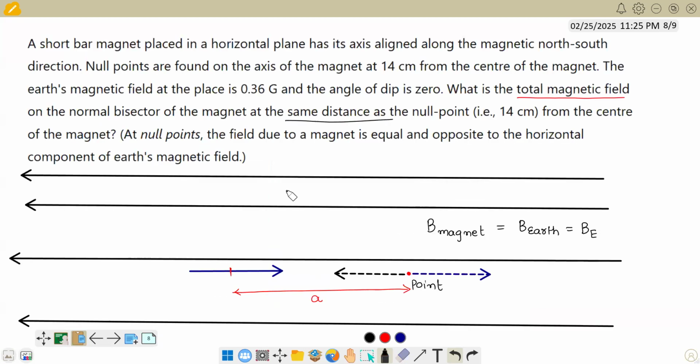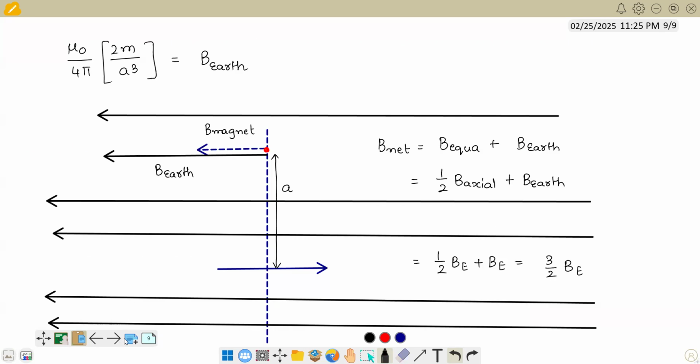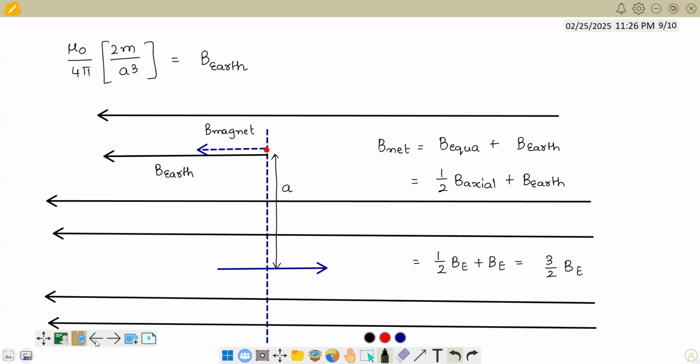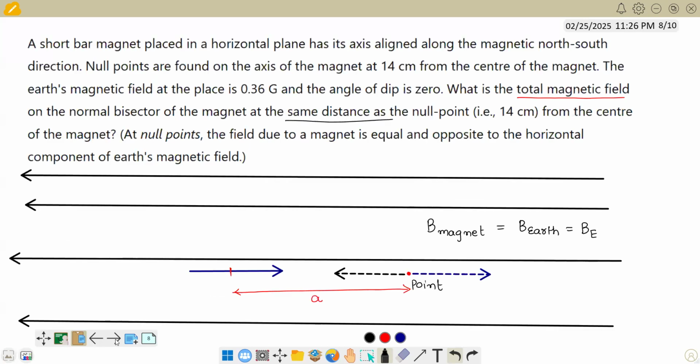You can see all these numbers are given, but we have not used any of those numbers. So directly we can tell the answer: B at the normal bisector point equals 3 by 2 B of Earth. And B of Earth is given as 0.36 Gauss. Again, he has used the word Gauss.